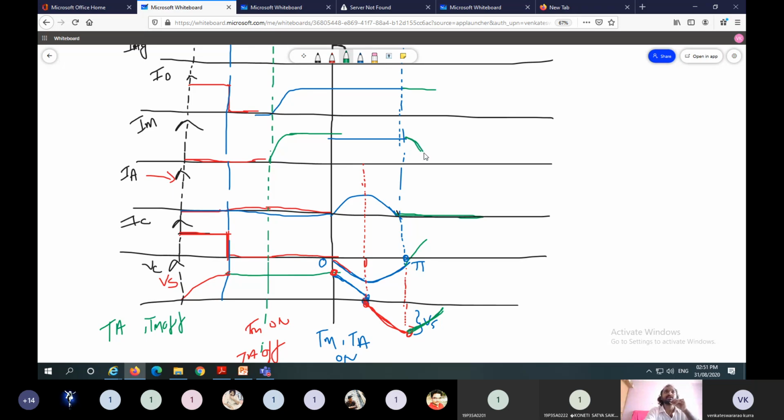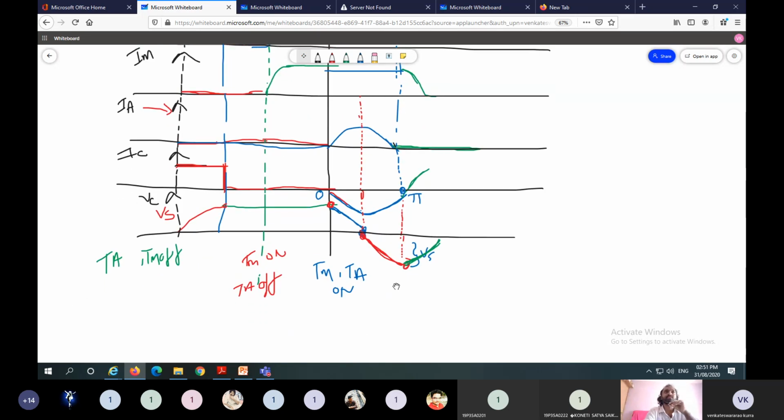So after certain time gate current becomes 0. This one is the capacitor current. So in this time period, at this point TM is on. So I draw another line.